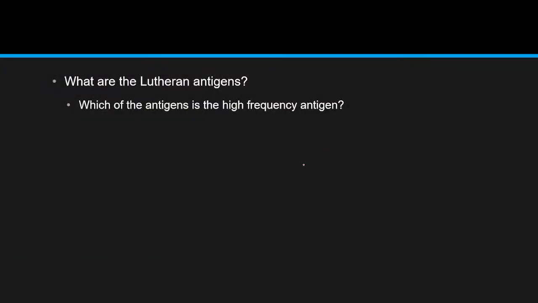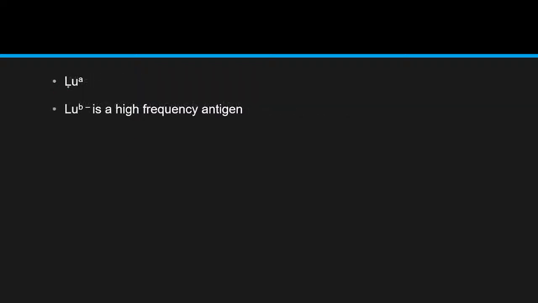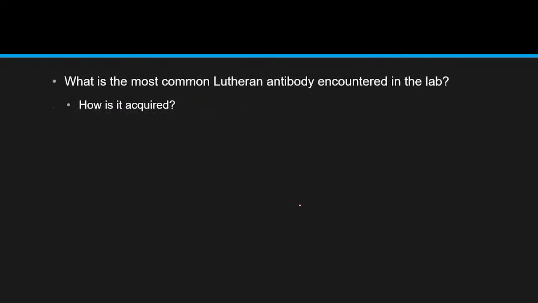The Lutheran system is another group of antigens that we need to talk about. There are two antigens of interest, Lua and Lub. The high frequency one is B. Now, what is the most common Lutheran antibody encountered in the lab?